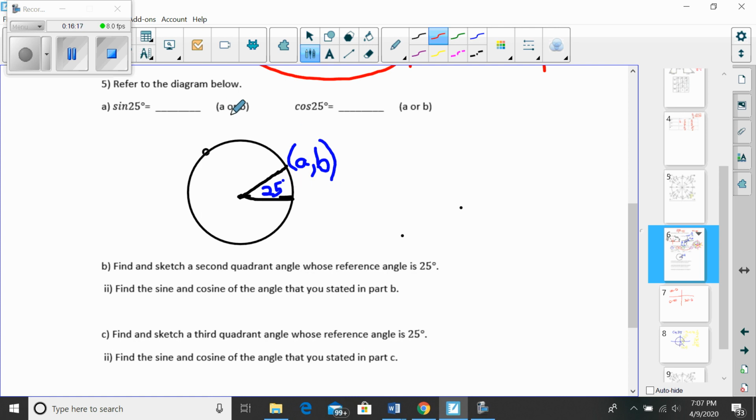Sine of 25, so remember, sine is y, right? So sine of 25 would be b, whatever value that was. And then cosine of 25 would be my x. Okay, and this says, find and sketch a second quadrant angle whose reference angle is 25.